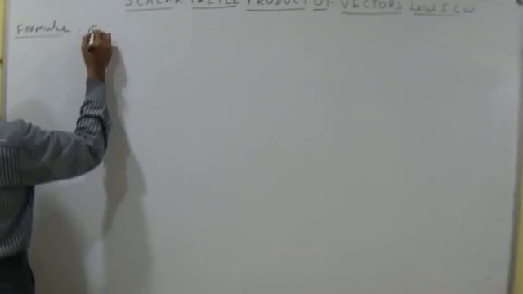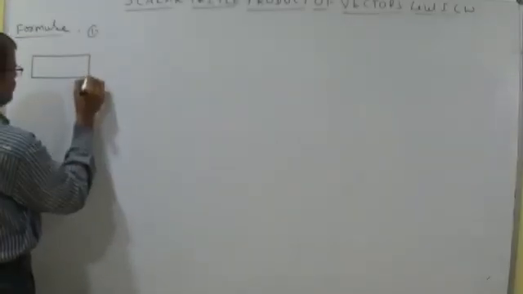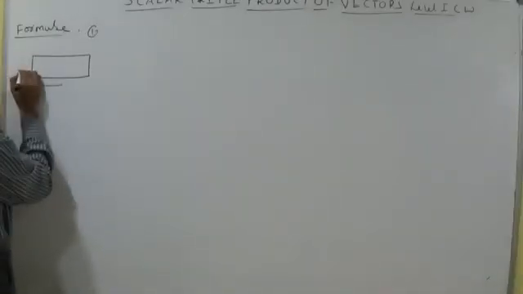First one, let us draw a rectangular parallelepiped. It is nothing but a cuboid. Try to understand that this is not a cube.